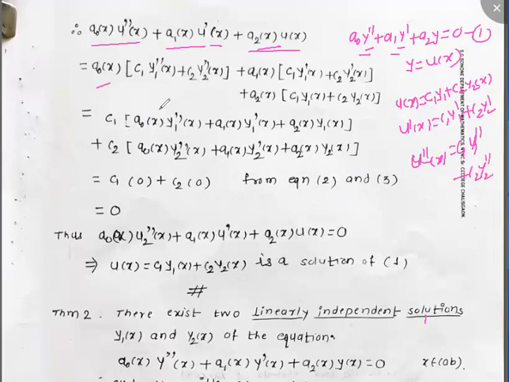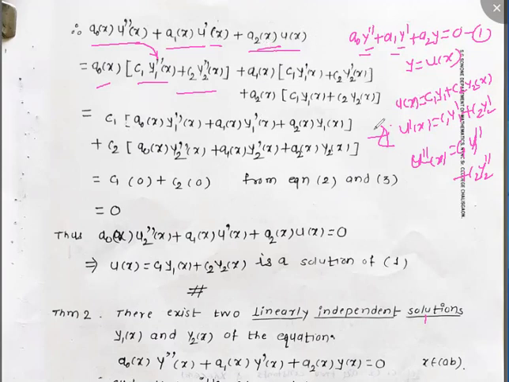So substitute the second derivative of u, c1 y1''(x) + c2 y2''(x), plus a1(x) into the first derivative of u, which is c1 y1'(x) + c2 y2'(x), plus a2(x) as it is.